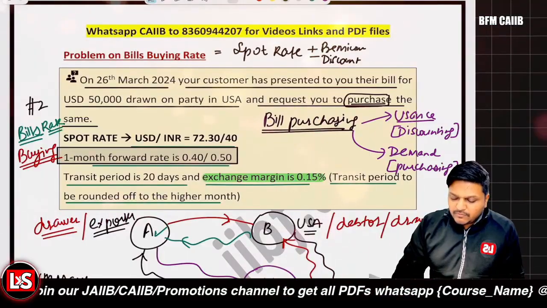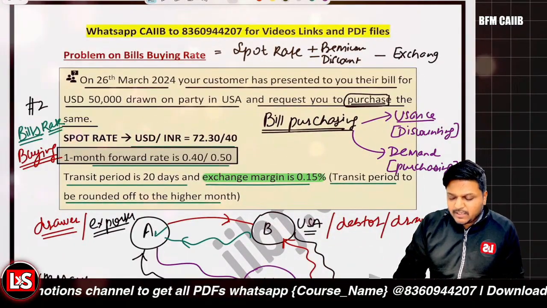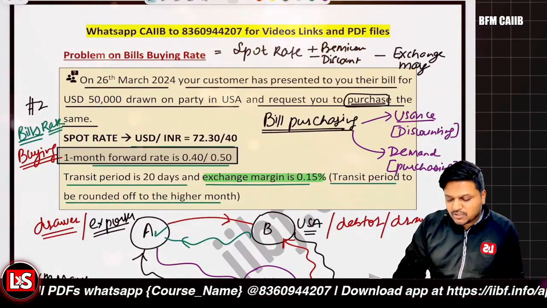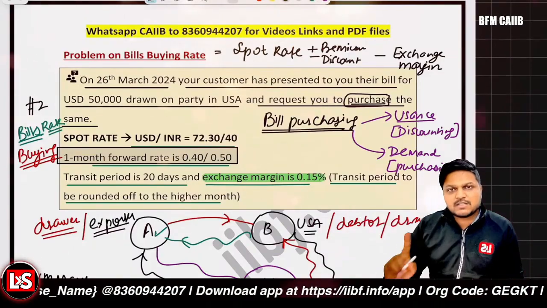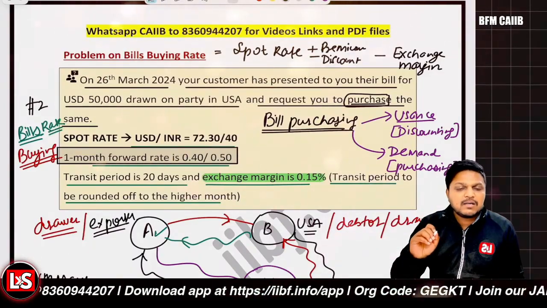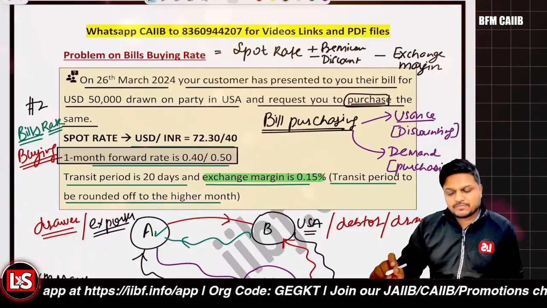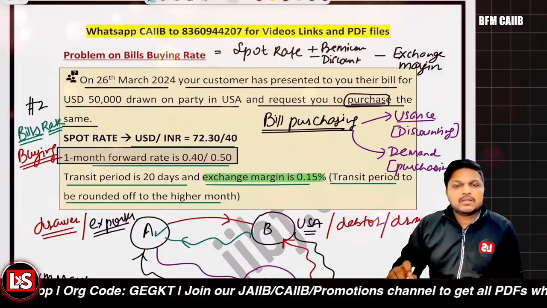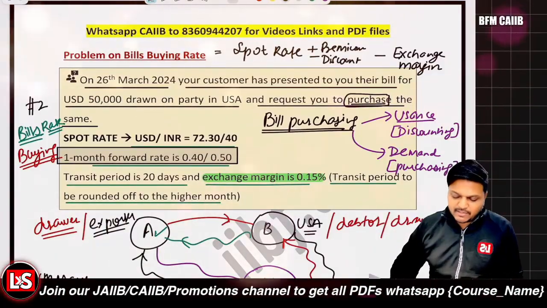And further, we are to subtract the exchange margin, because I told you the clear point. If the transaction is a buying transaction, then the exchange margin is always to be subtracted. It doesn't matter if it is a bills transaction or a TT rate transaction. If it is the buying rate, then in that scenario, the exchange margin is to be subtracted.